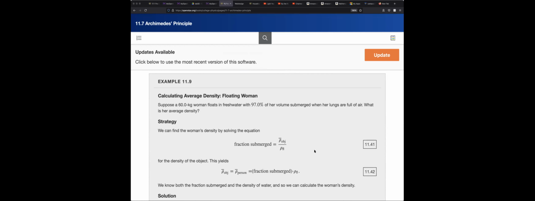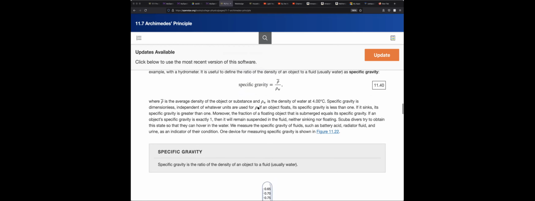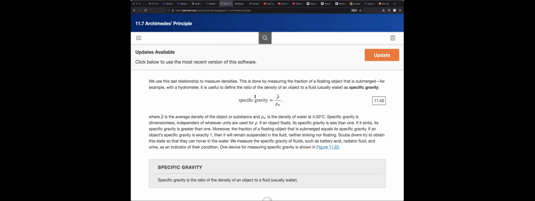So here we're going to actually calculate the average density of a floating woman. Apparently, a 60 kilogram woman floats in freshwater with 97% of her volume submerged. Well, the fraction submerged is actually equal to the specific gravity, but you have to turn the percentage into a decimal.